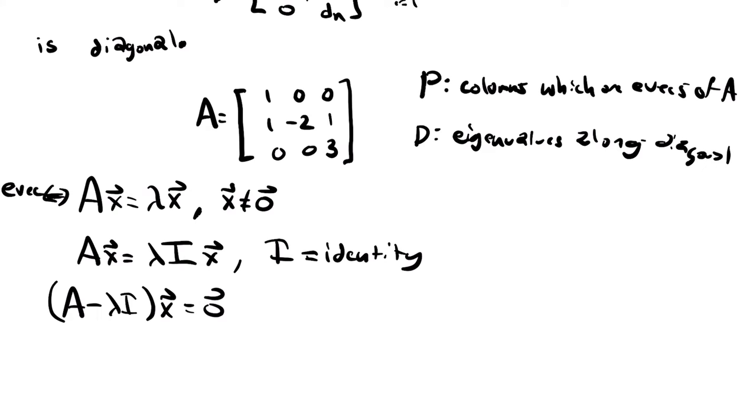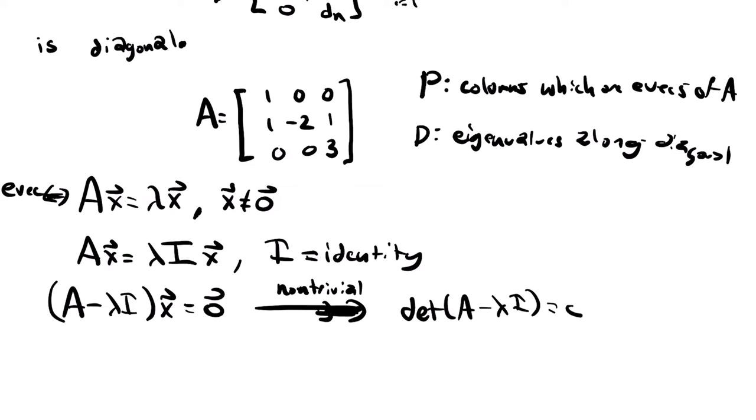We're looking for non-trivial solutions to this equation, so the invertible matrix theorem tells us that the only way those solutions exist is if the determinant of A minus lambda I is 0.